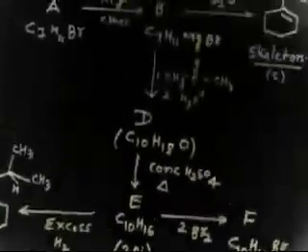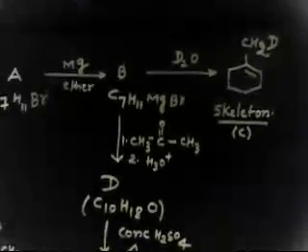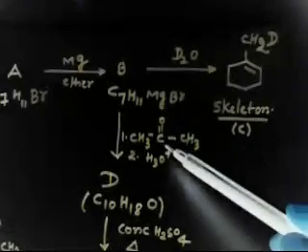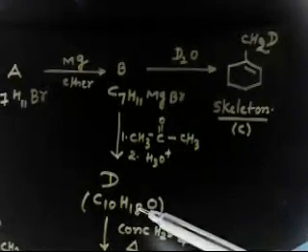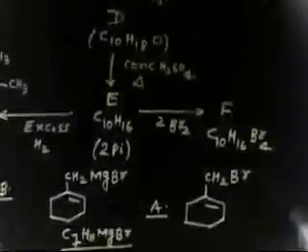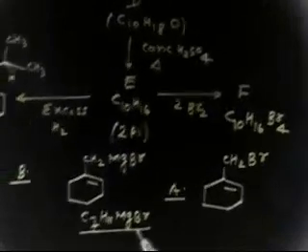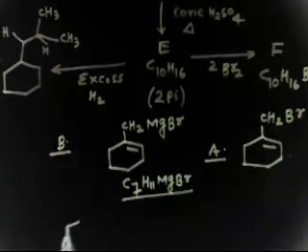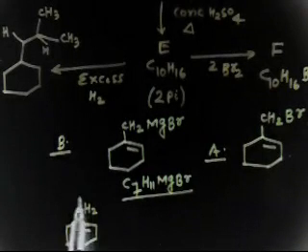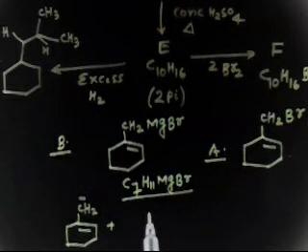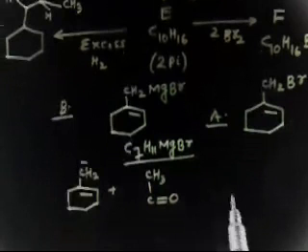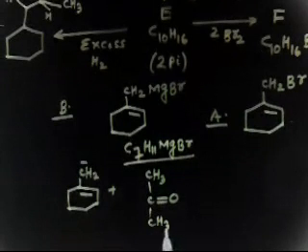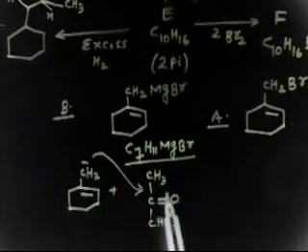Now D is very simple, because if you react this with acetone, you are getting D. So let us say if this is B and you react B with acetone, now you know what will be the product. So this is CH2 minus, and now if you react this with acetone, CH3, C double bond O, CH3, and do hydrolysis, this goes here, this goes here.